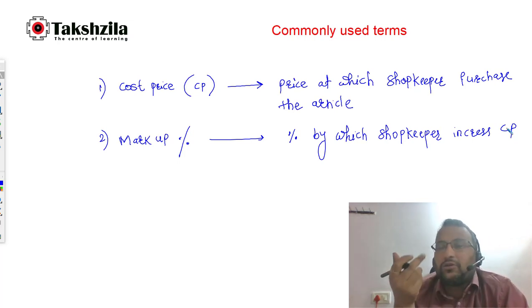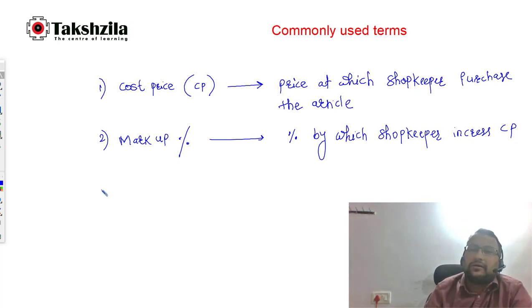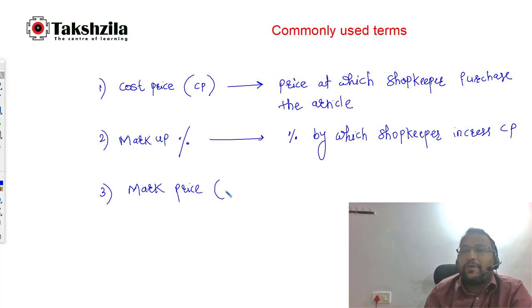And that increased cost price is called mark price. Generally, we call it MP.